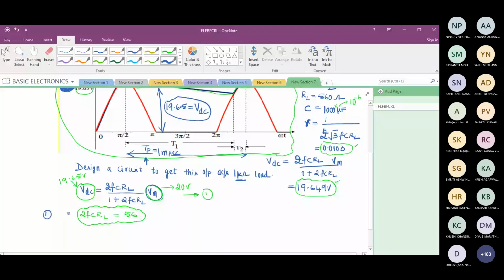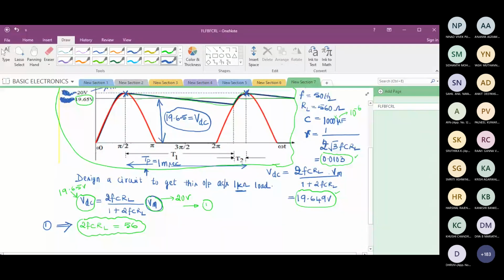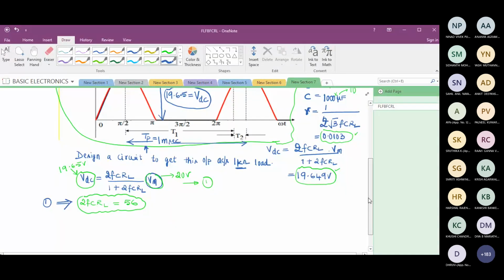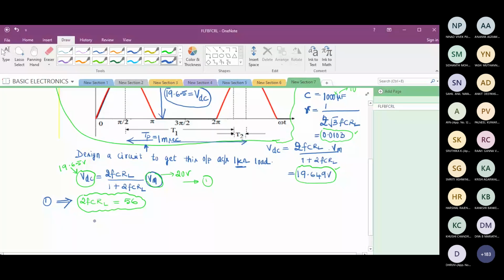From equation 1, I'm getting 2FCRL equal to 56. Can I proceed or any doubts in this? Sir, from the waveform, how do we figure it out? It is a half wave rectifier, sir. Can't you make out this is a half wave rectified output? Only the positive half wave is getting rectified, the negative half wave is not. Okay. Now, any doubts in this? 2FCRL equal to 56?